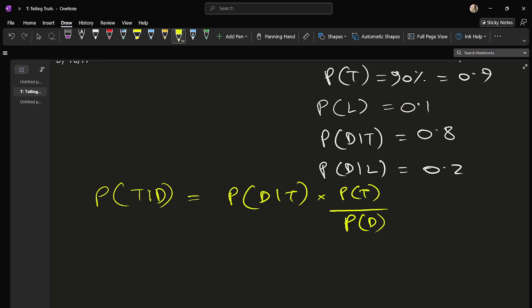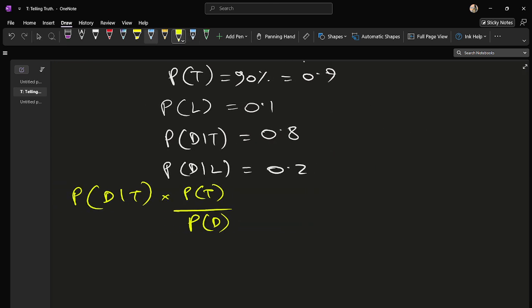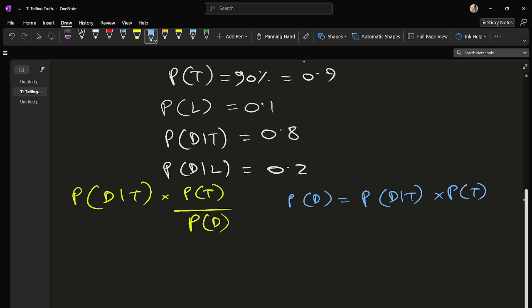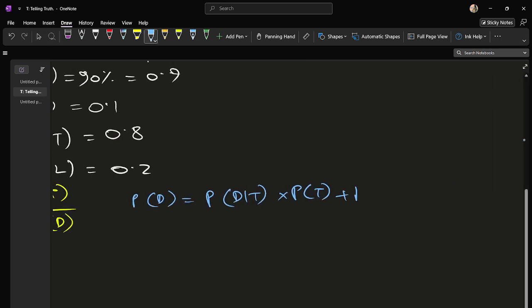So now let's find P(D). P(D) equals P(D given T) into P(T) plus P(D given L) into P(L).